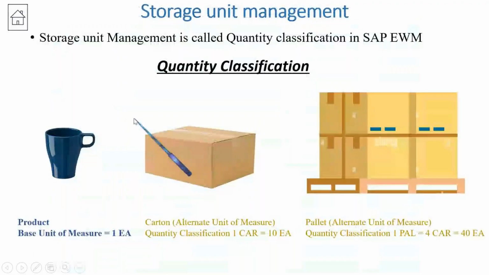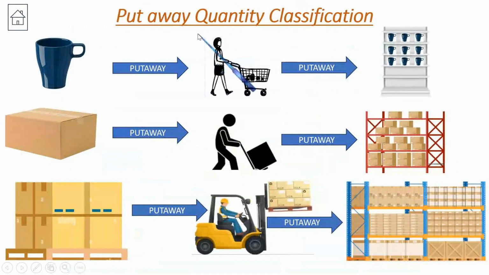Now here, put away quantity classification. With the help of this image, you can understand if you are receiving the products, it will go to the place where we can place our loose products.